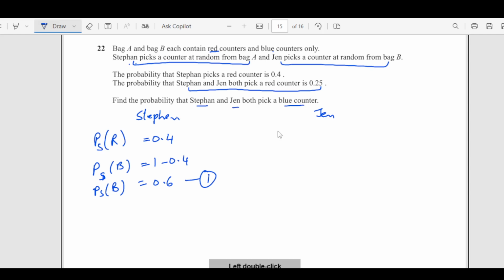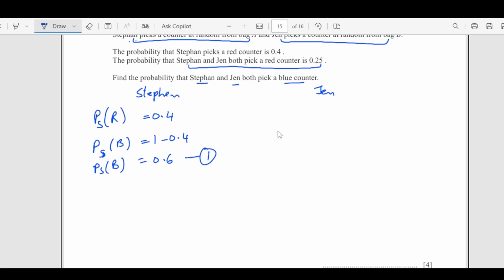So what exactly do we need? We have nothing given for Jen, so we can leave that for now. What we are looking for is the probability that Stephen and Jen both pick blue.